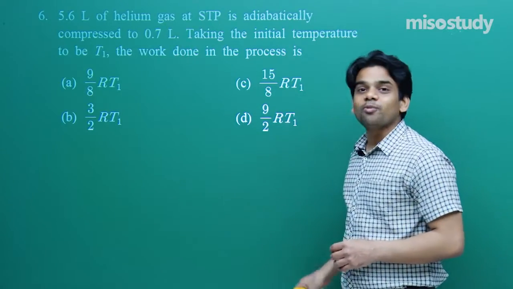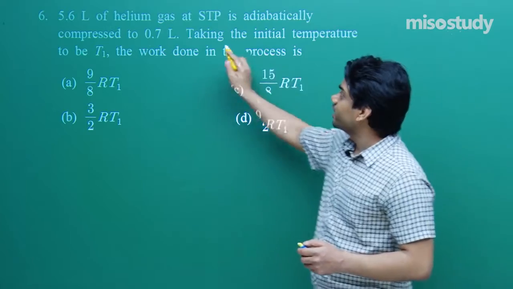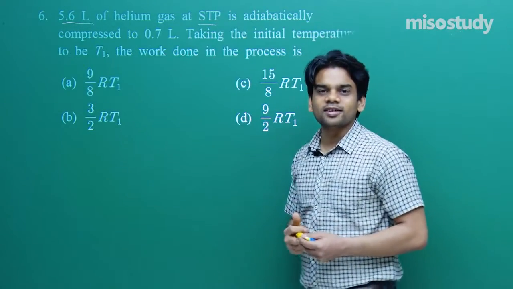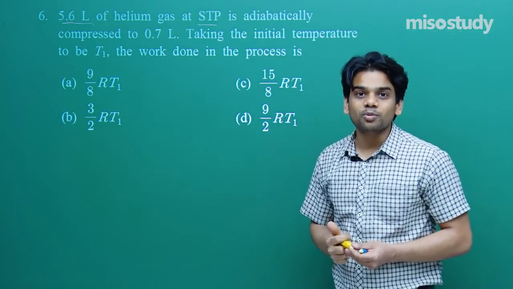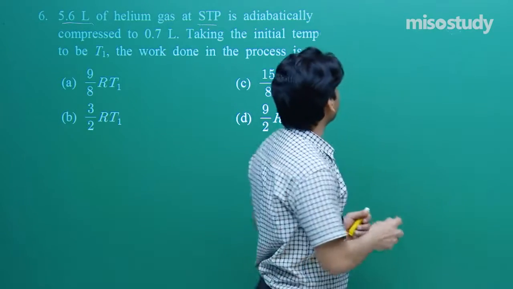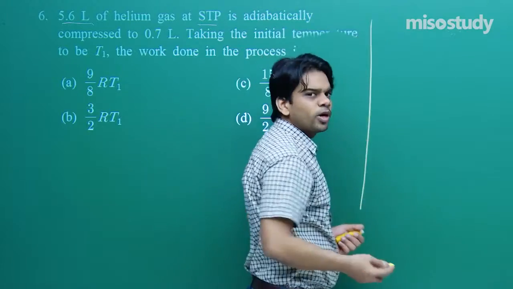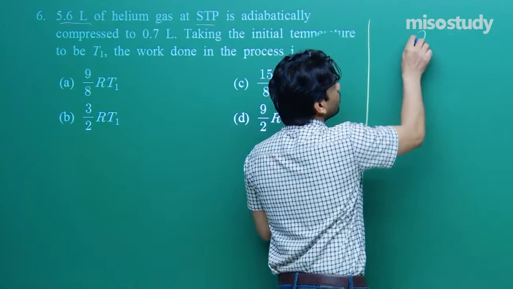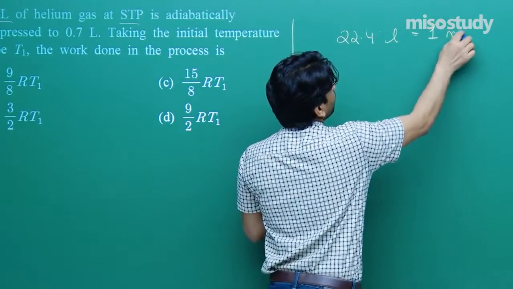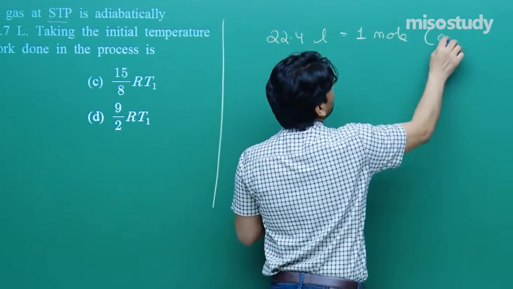It says 5.6 liter of helium gas at STP. You must be knowing that 22.4 liter is equal to 1 mole of any gas kept at STP. Remember, this is valid at STP.